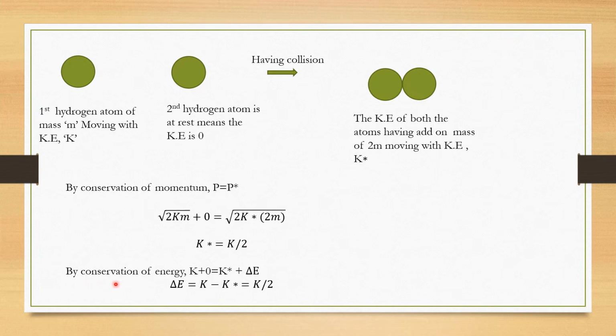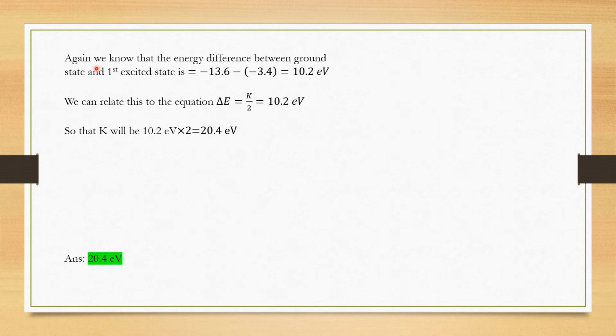Again, by conservation of energy, k plus 0 is equal to k star plus delta E, that is, delta E equals k minus k star, which is equal to k by 2, by putting the value of k star. Now we know that the energy difference between the ground state and first excited state is minus 3.4 minus of minus 13.6, which is equal to 10.2 electron volt.